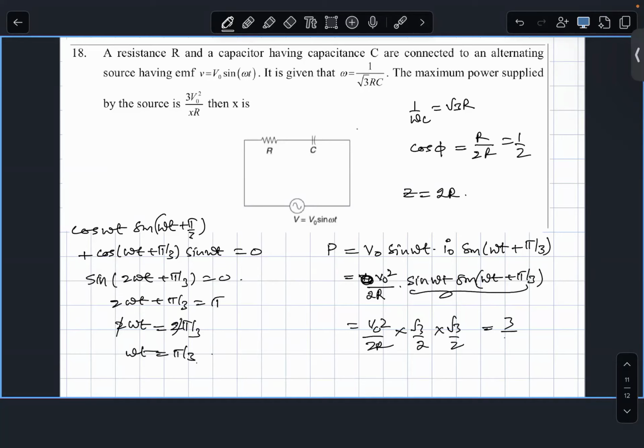So 3 by 8 times V naught square by R. Answer సరిపోయిందా? ఏం చేశారు? ఇక్కడ ఎక్కడ యారో చూపించు ఇక్కడ. ఇట్స్ లెఫ్ట్ సైడ్ రాసిందా, ఈ ప్రోడక్ట్ డిఫరెన్షియేట్ చేసి జీరోకి ఈక్వేట్ చేసి. మీరేదో చేశారు నాకు తెలియదు, నేనైతే ఇదే చేశాను.